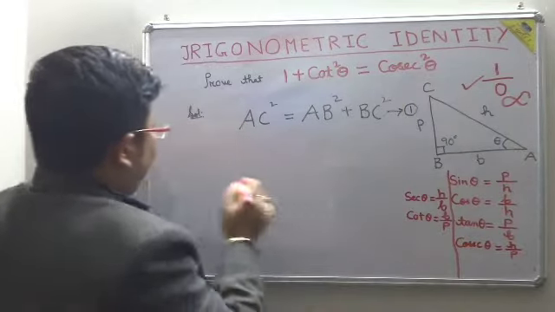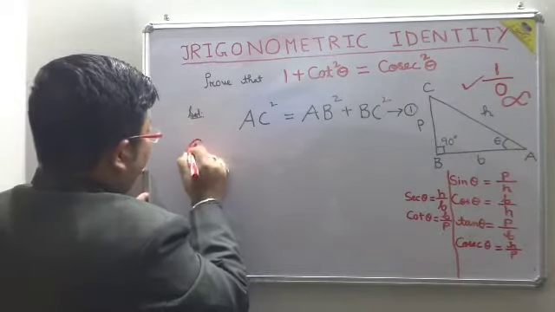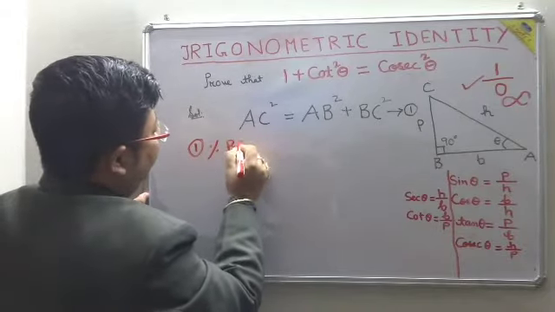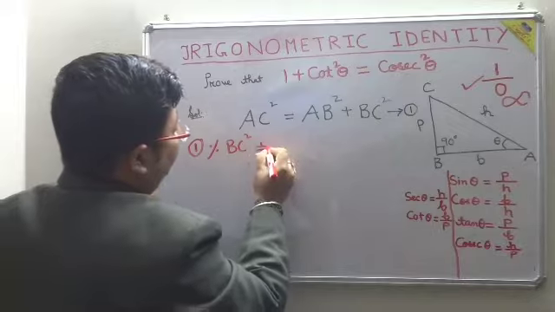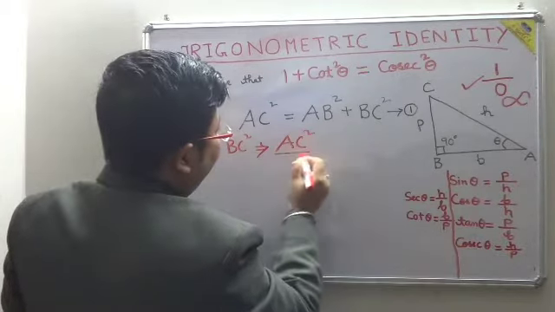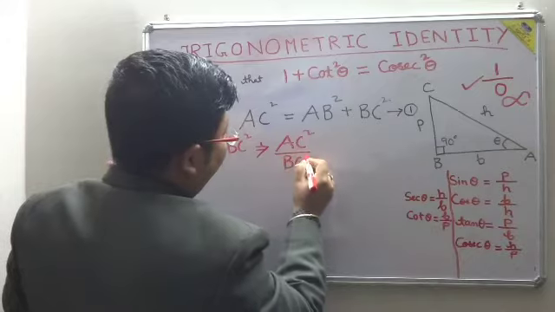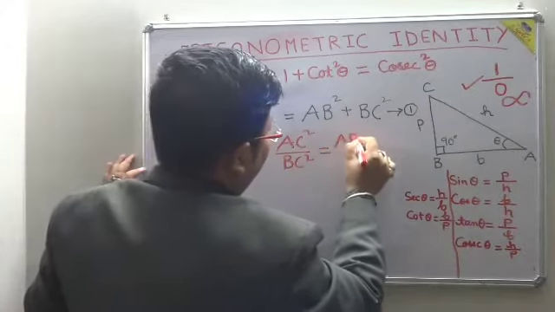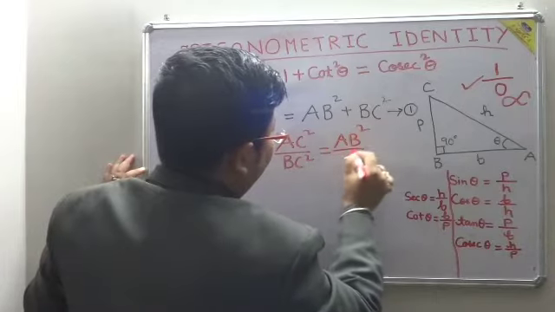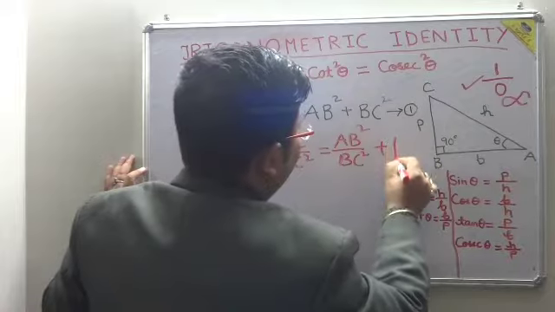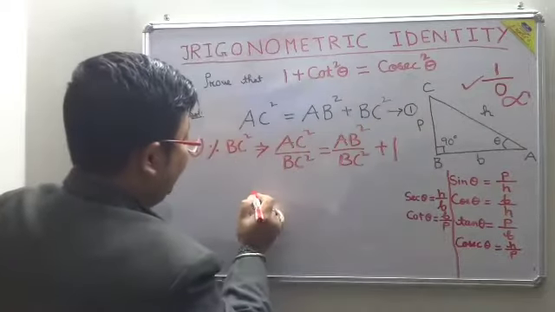So divide equation 1 by BC square. So AC square divided by BC square will be equal to AB square divided by BC square. And again here we will get 1, BC square by BC square means 1.